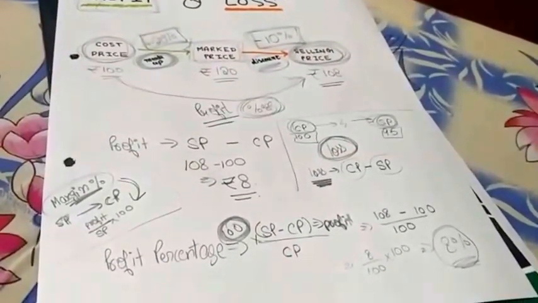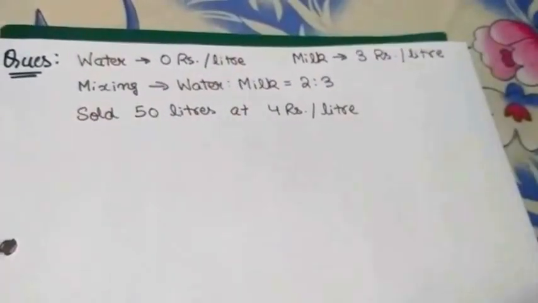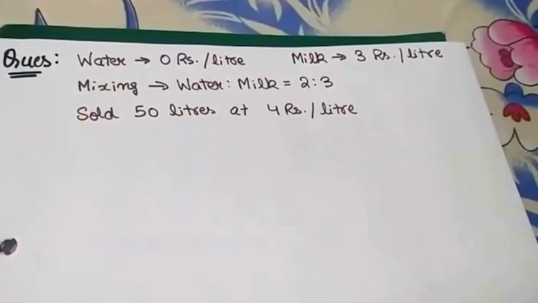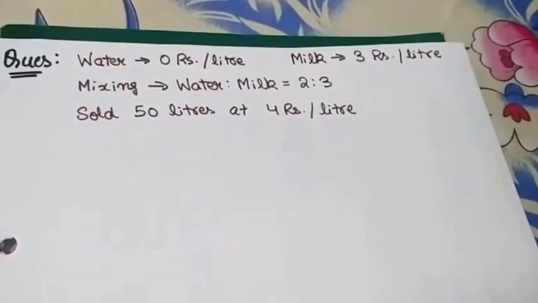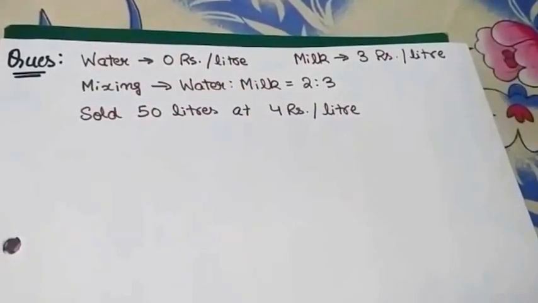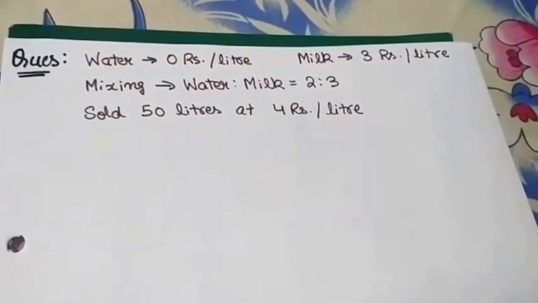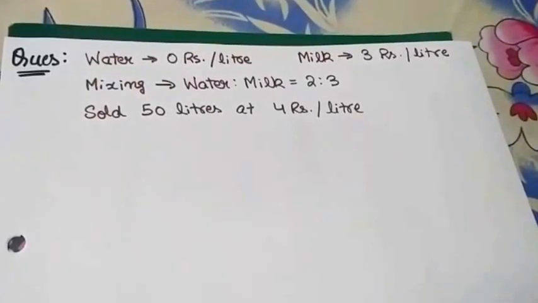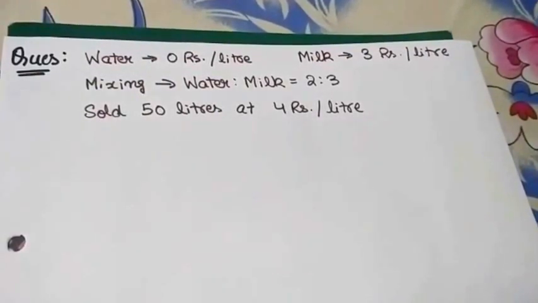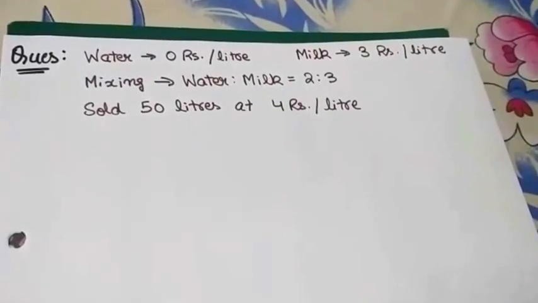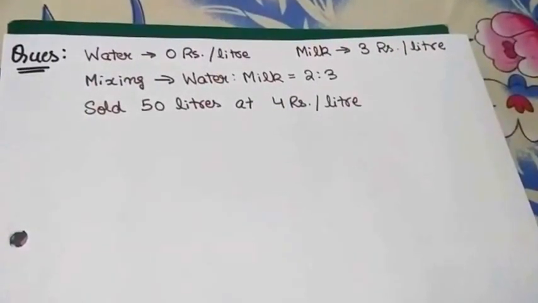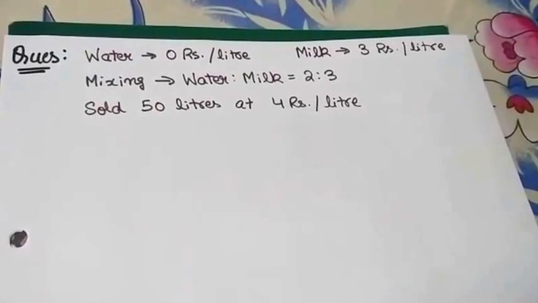Now let's move on to another example. All right. Okay, so I've only jotted down the main points of the question. See, it is being told that there's a milkman and he mixed water and milk in the ratio 2 is to 3, and the milk actually costed the milkman 3 rupees per liter, and water is of course free, and he sold 50 liters.